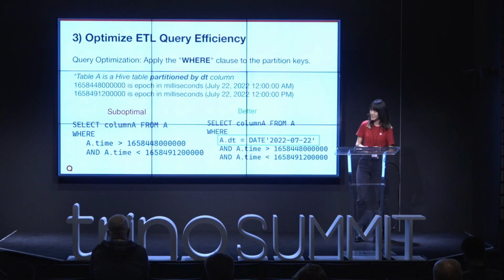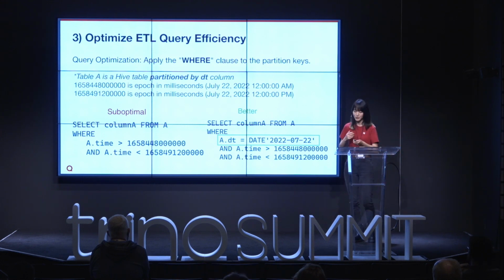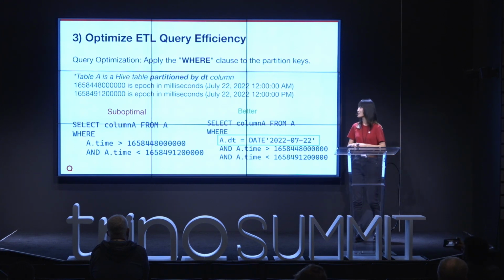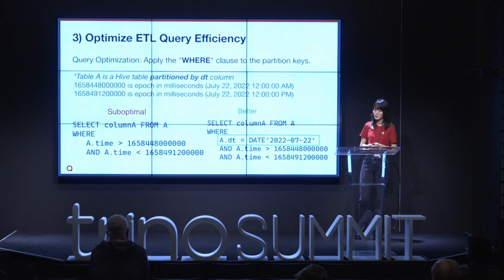Trino's predicate pushdown can make use of this and push the condition down to a lower level. We use Hive connectors, and most of our Hive tables are partitioned. From my experience, people don't usually need to query the entire table all the time, so it is really important to add appropriate where conditions on the partition keys. It proves to be really helpful to improve query efficiency as well as save resources.